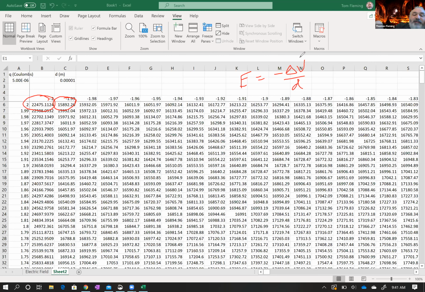So I can calculate delta V from that. Meanwhile, D is going to be this number minus this number. But of course, since all these are 1 centimeter apart, D is going to end up being 0.01 every single time.